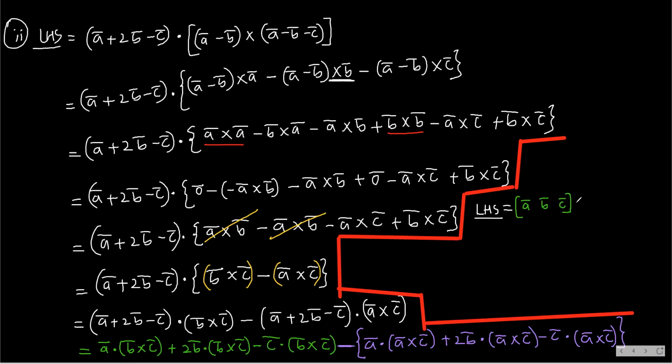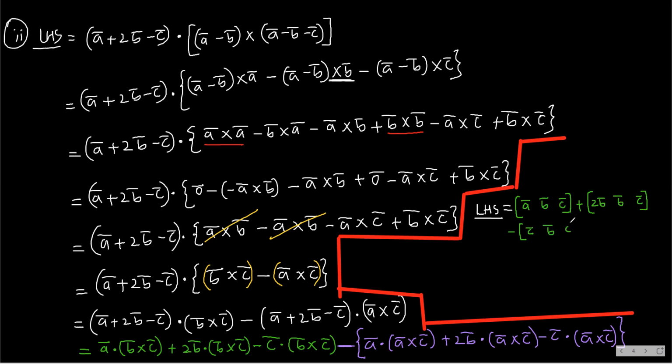So this is plus box of 2b bar, b bar, c bar. Yes. Then you have minus. Next, look at this. Next, you have c bar, b bar, c bar.